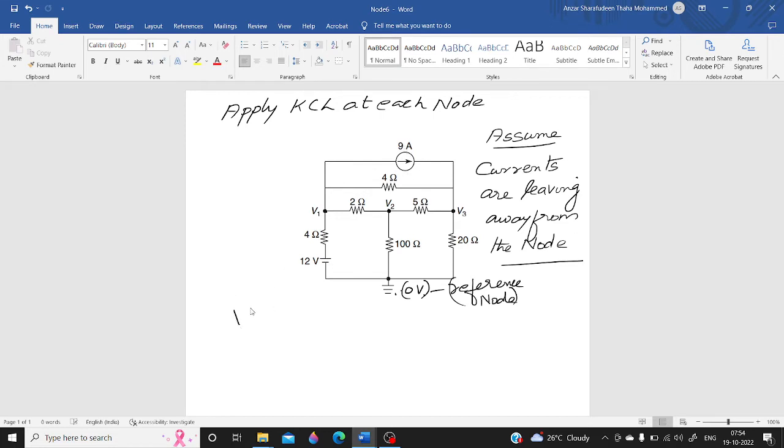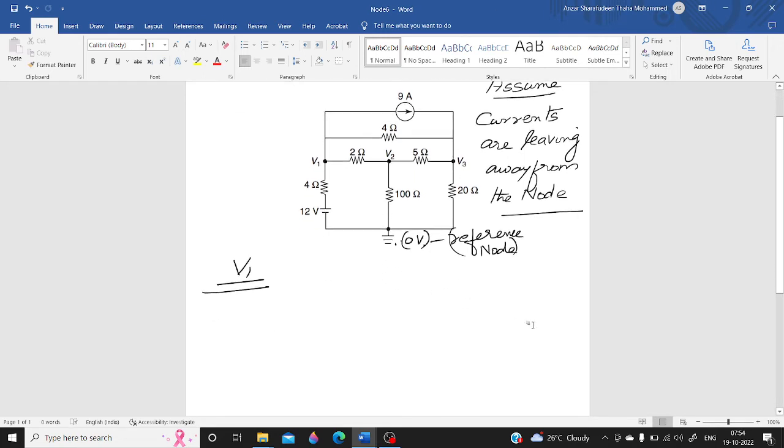Now let us consider the first node V1. You assume that all the currents are leaving away from the node. First let me consider this branch. If the current is leaving away from the node, the current for this branch is (V1 minus 12) divided by 4.